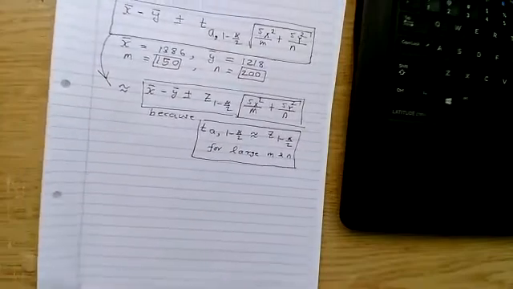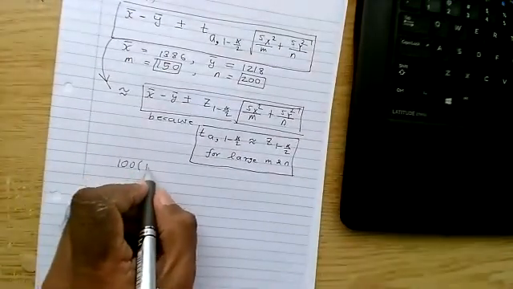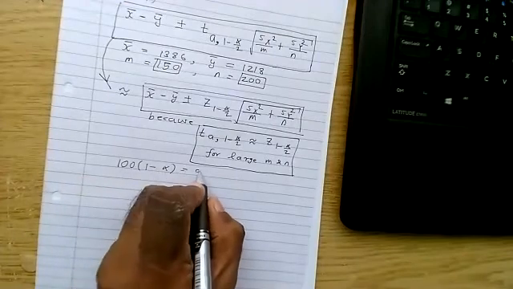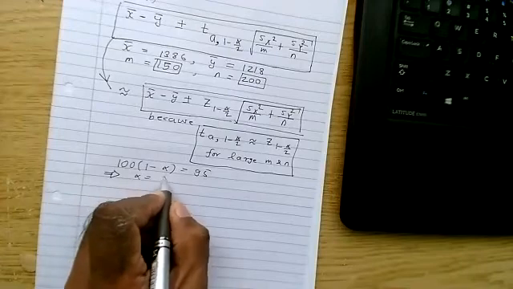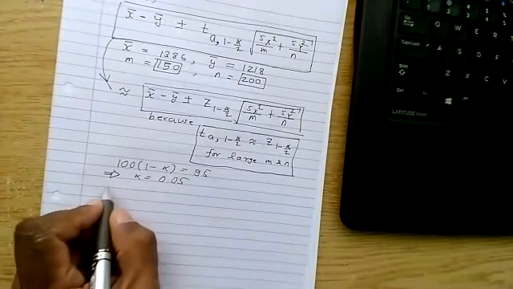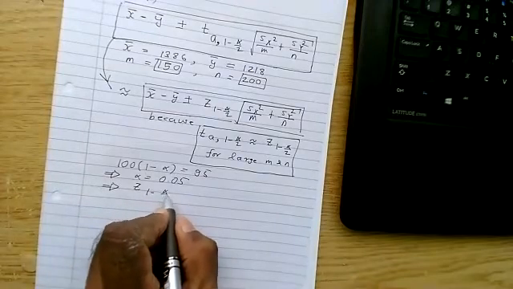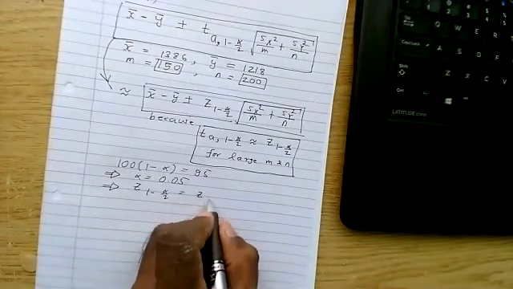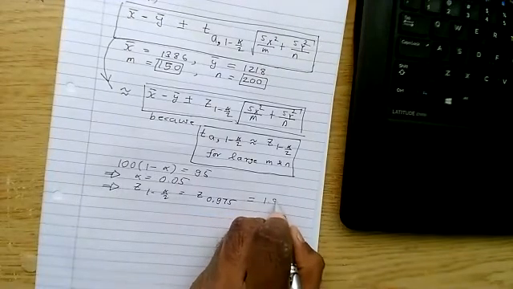Now, we are looking for a 95% confidence interval, which means that 100 times 1 minus alpha is 95. So your alpha is 0.05. So your z 1 minus alpha by 2 is going to be 1.96.